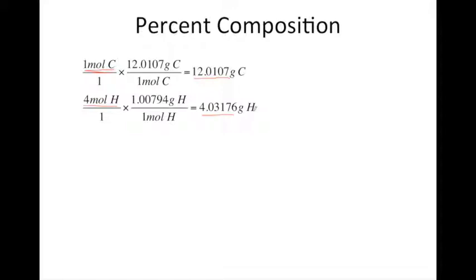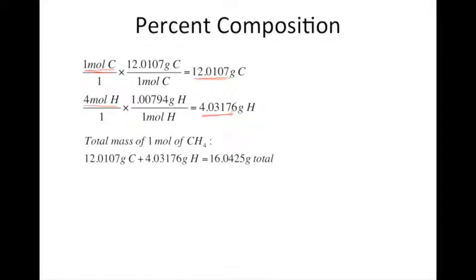So 1 mole of methane is composed of about 12 grams of carbon and 4 grams of hydrogen. But we need to express these as a percentage. So we need to figure out the total mass of methane. And we do that by adding up the mass of carbon plus the 4 moles of hydrogen.